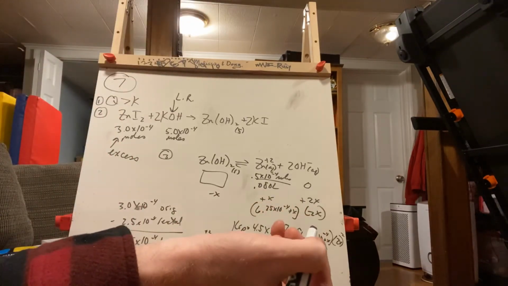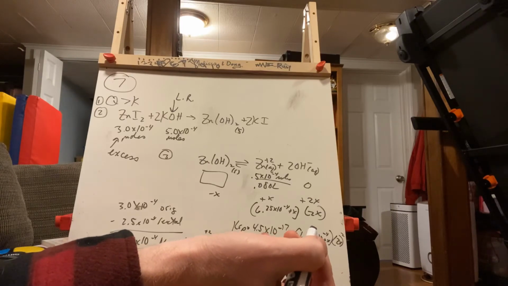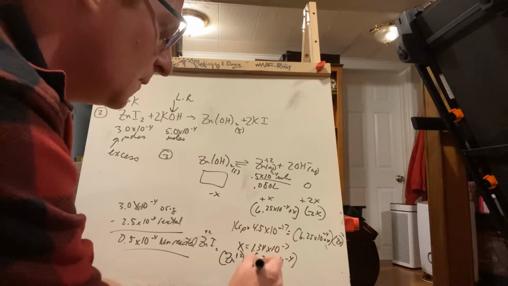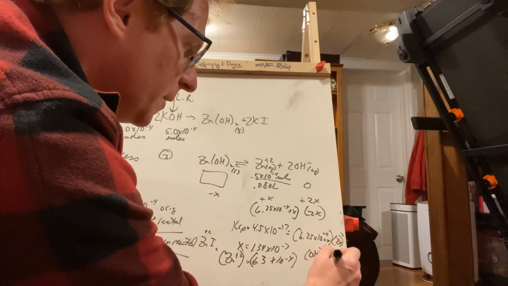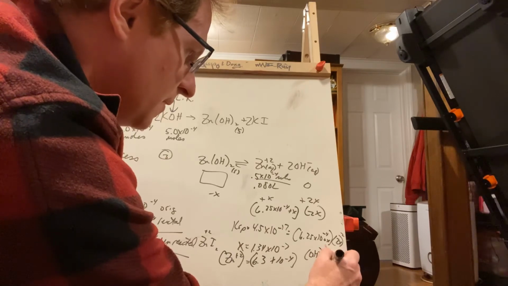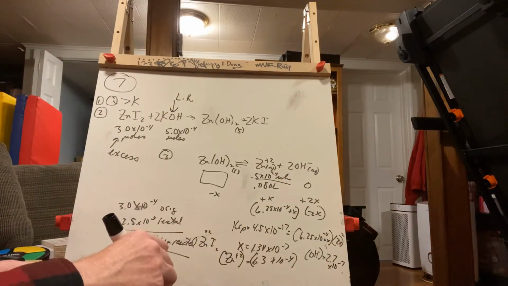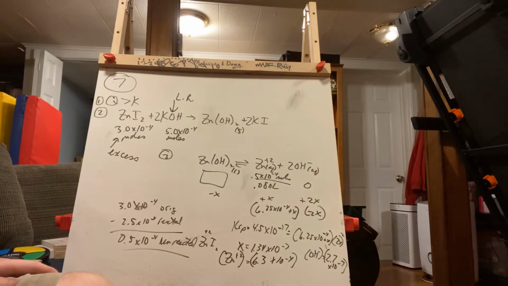I guess with sig figs it should have been 2 sig figs, so 2.7. So this should be 6.3. And the OH minus is 2.7 times 10 to the negative 7th. Right. Okay. So there's your answer for number 7.